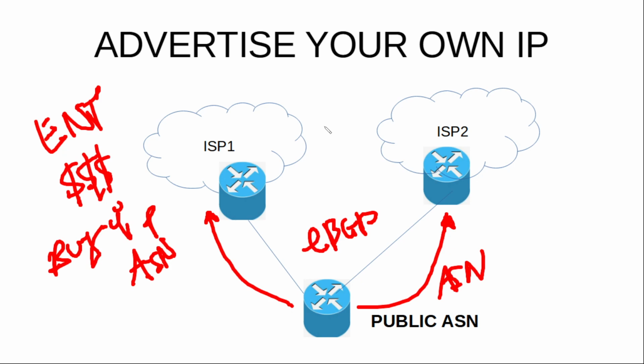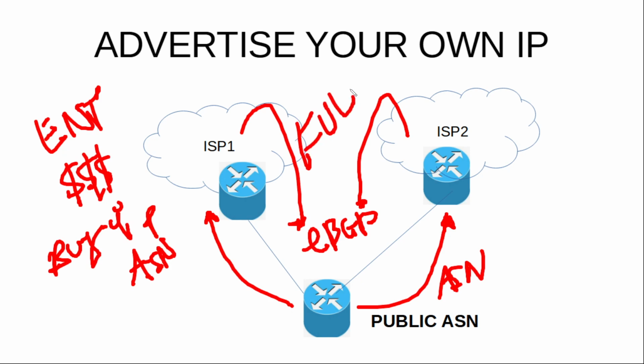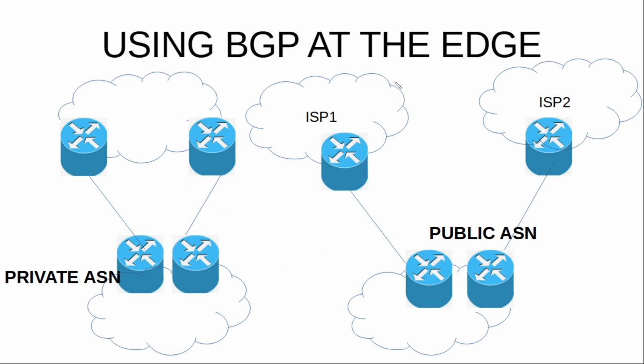These carriers can also offer you the possibility to not only advertise the default route to you, but also full routing. So this will be a more robust way of doing that.